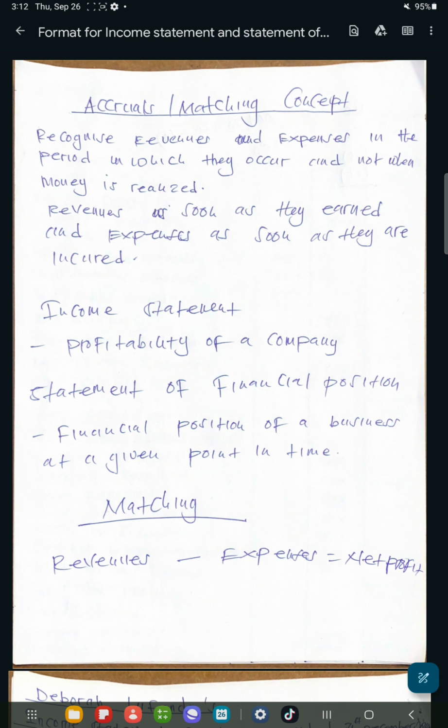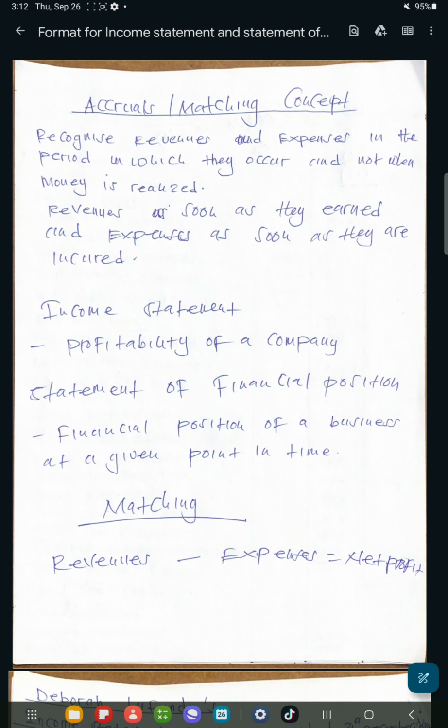So then, how do we go about preparing the income statement? The income statement is based on the accruals concept, where we recognize revenues and expenses in the period in which they occur and not when money is received or paid.